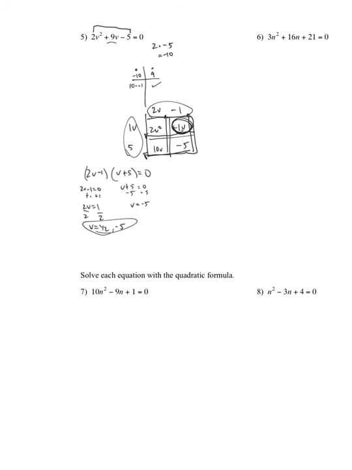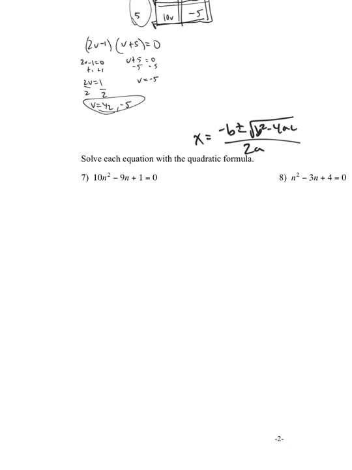So using the quadratic formula, negative b plus or minus the square root of b squared minus 4ac all over 2a. So it's as easy as identifying a, b, and c and plugging them in. Guys, do make sure they're all equal to 0 before you start. I kind of sometimes forget to announce that, but I know I have said that a few times, so make sure you are being sure of that.